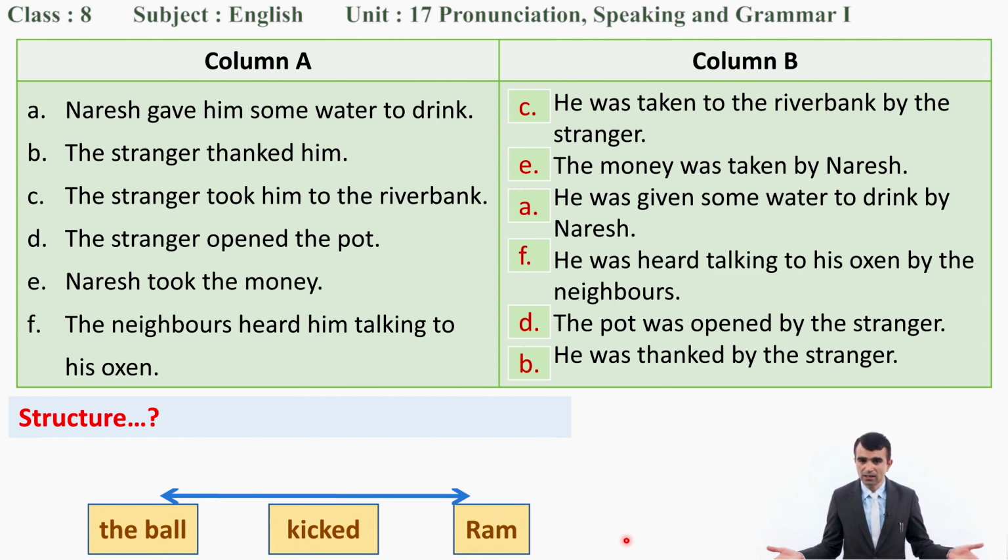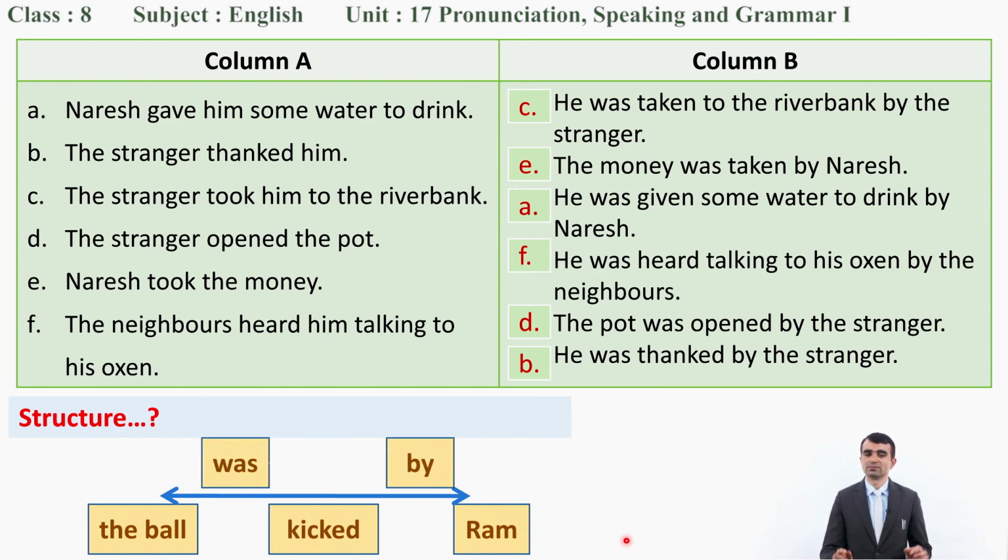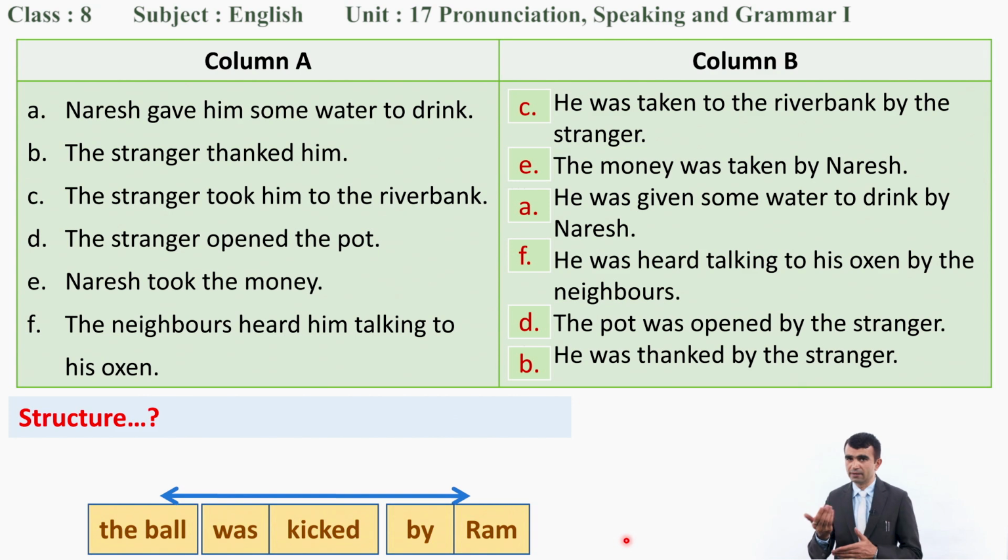Is the sentence clear? No. What is needed now? Two more things are needed: a be verb, an auxiliary verb, and then by. Who is the action performed by? So you can say: the ball was kicked by Ram.